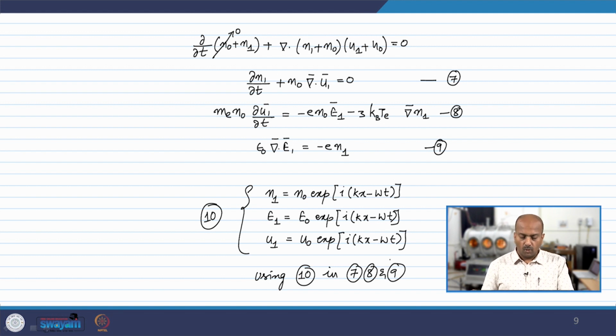For example, dou n 1 by dou t would be n naught exponential i times k x minus omega t times minus i omega. So, we take the derivatives as per these equations, and the gradient or del operator is going to be only i cap dou by dou x, because we are considering a one dimensional picture.